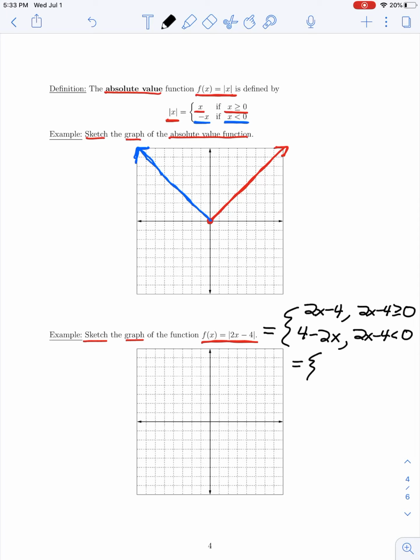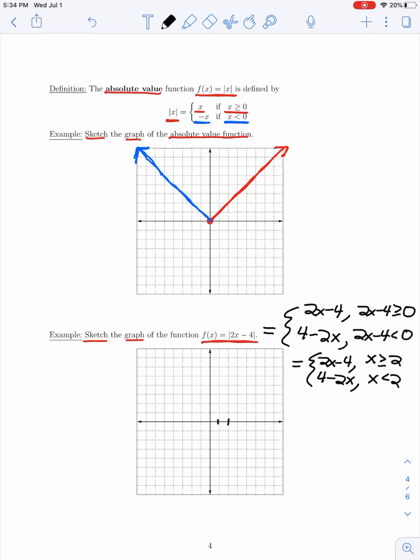Or equivalently, if we solve this inequality, we could write this as 2x minus 4 if x is greater than or equal to 2, or 4 minus 2x if x is less than 2. All right. So we're going to change the definition of this function at x equals 2.